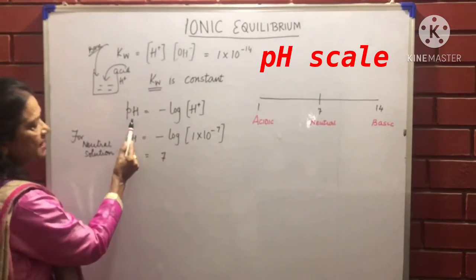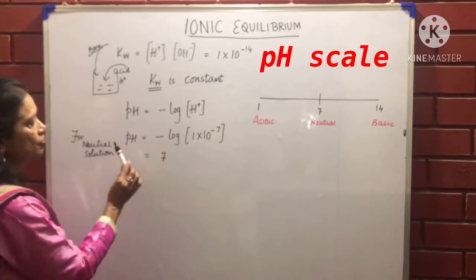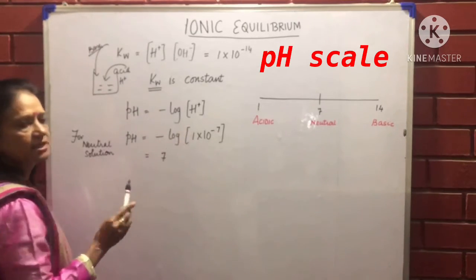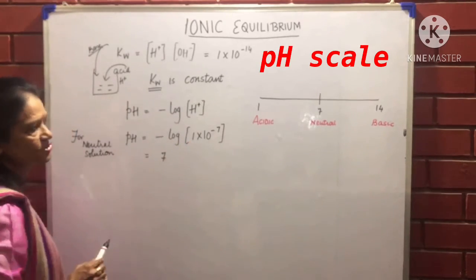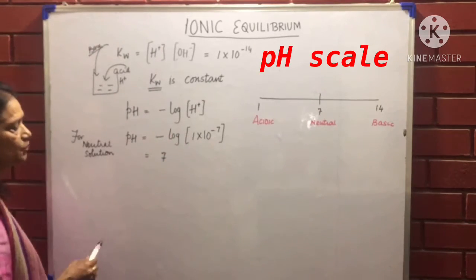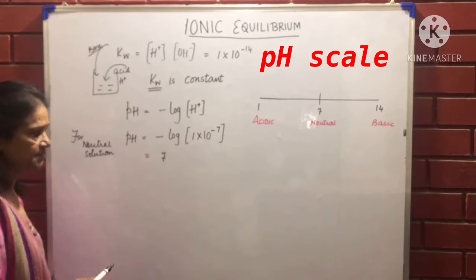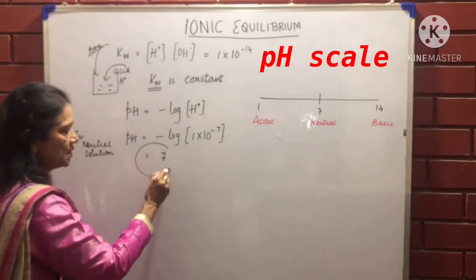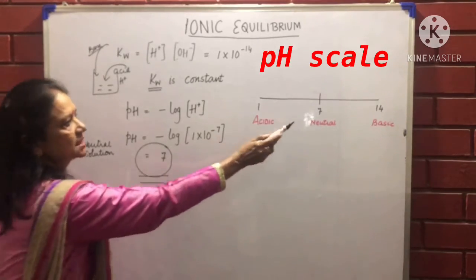Now, when I say pH is minus log of H plus ions, we just saw that in a neutral solution, H plus ions and OH minus ions are the same, and H plus ion value is 10 to the power minus 7. So I am substituting that H plus ion value here. So pH becomes minus log of 1 into 10 to the power minus 7, which gives me the value as 7. So in a neutral solution, pH is 7.